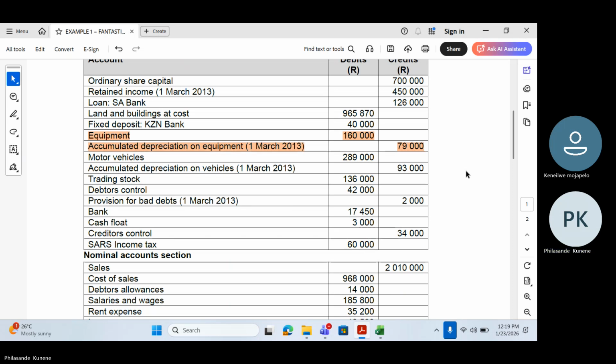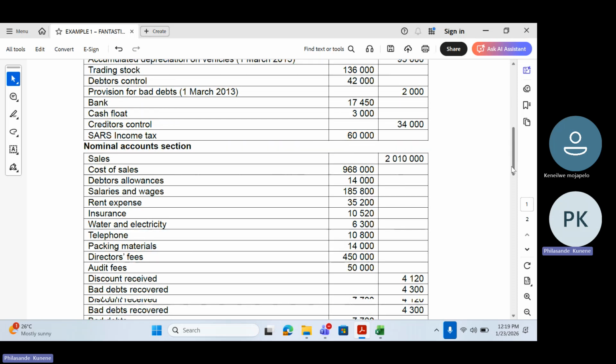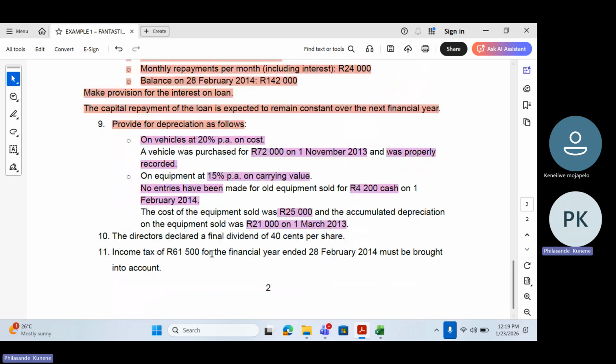Okay, now let's go to the transactions. The cost of the equipment. Oh, sorry. I'm just going to unhighlight these ones. We're done with these ones now. So here they're saying on equipment 15% per annum on carrying value.